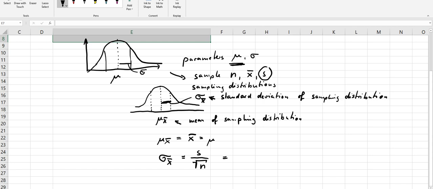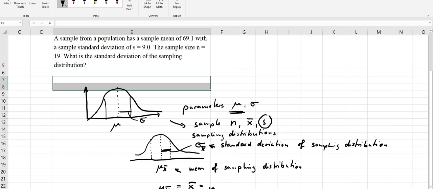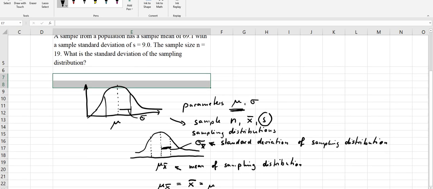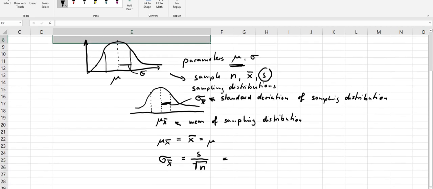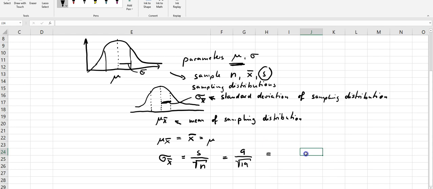So we can do this calculation quite easily because we know that we have a sample standard deviation of 9. So in this case we have 9 divided by the square root of 9, and this would give us the standard deviation of the sampling distribution.